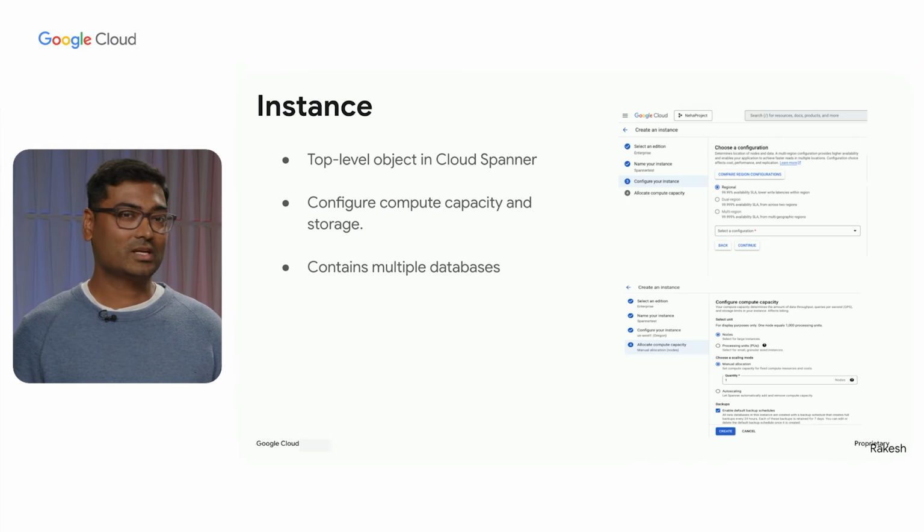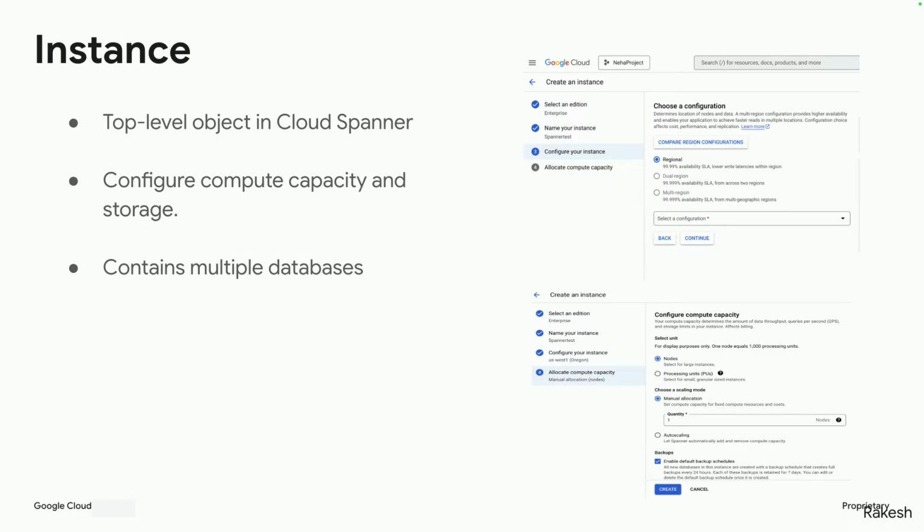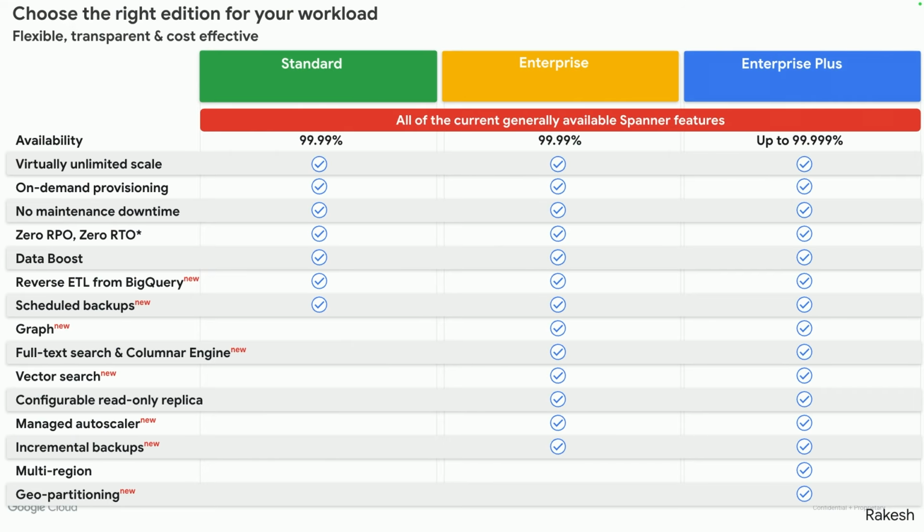The top level object in Spanner is called a Spanner instance. So you can create a regional instance, a dual region instance, or a multi-regional instance. And also you can configure the compute capacity and the storage required for your instance directly from our Google Cloud Console. Last year, we started offering Spanner in 3 editions: Standard Edition, Enterprise Edition, and Enterprise Plus Edition.